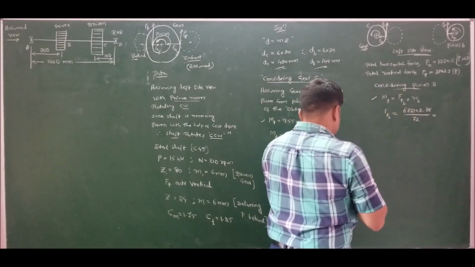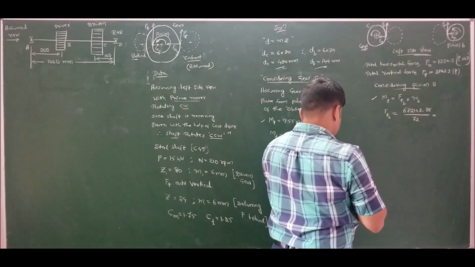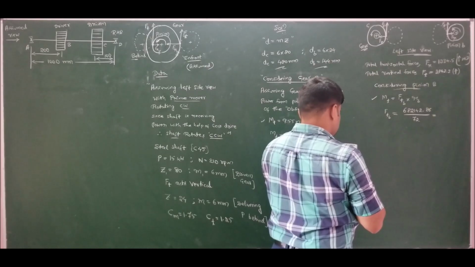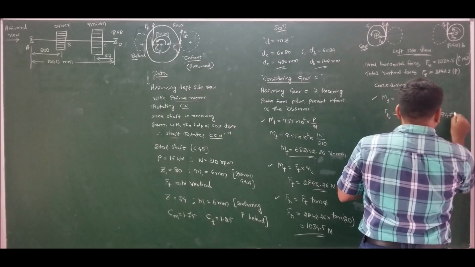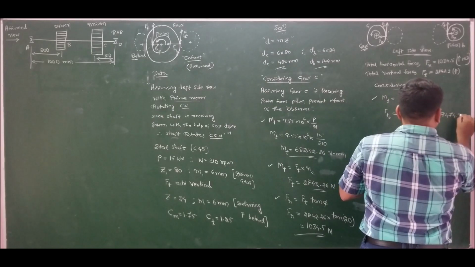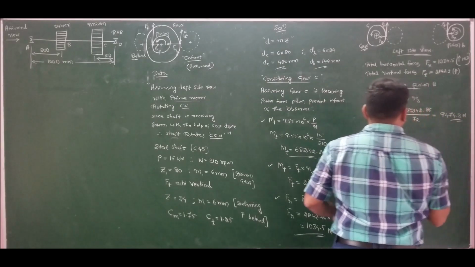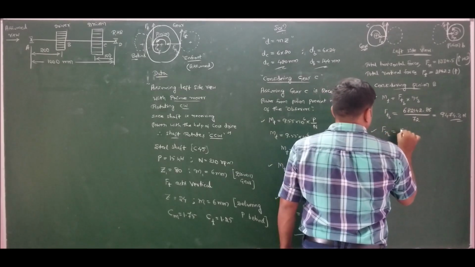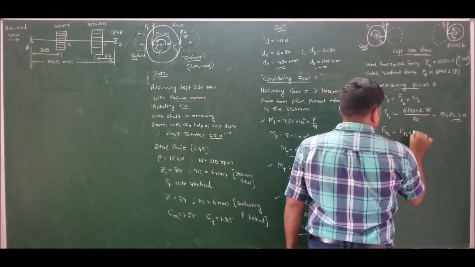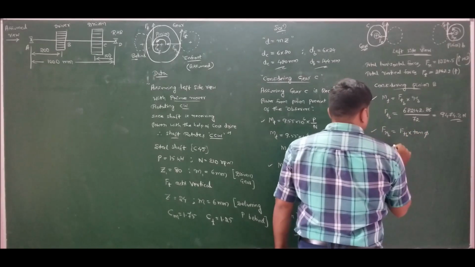So therefore I will get the answer as 9474.2 newtons. Now coming for FrB, the formula is FtB into tan phi.